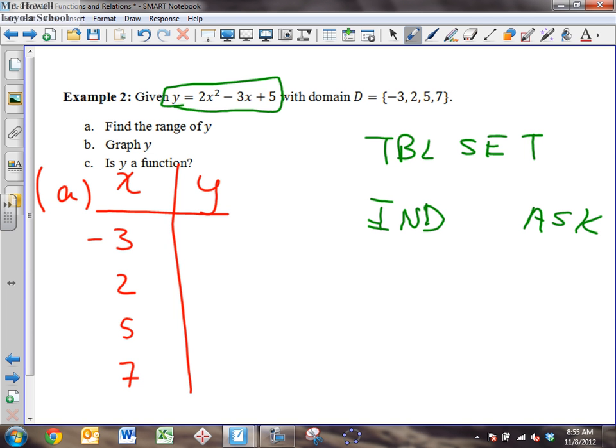Mr. Moses. Yes? Should my independent variable be ask, or do you choose? The dependent is always auto, because you want it to calculate it on its own. You don't want to ask a value of y, you want it to automatically calculate the value.